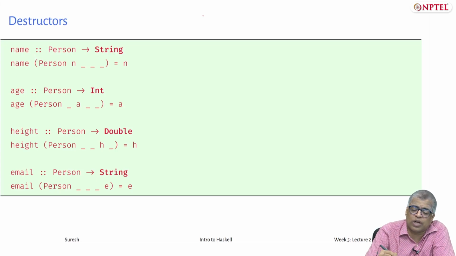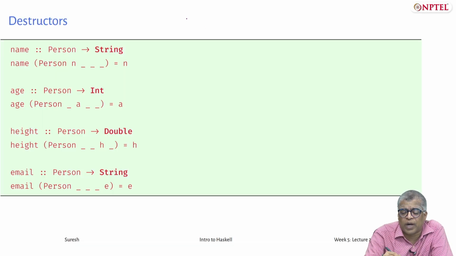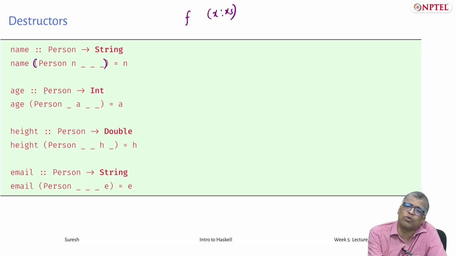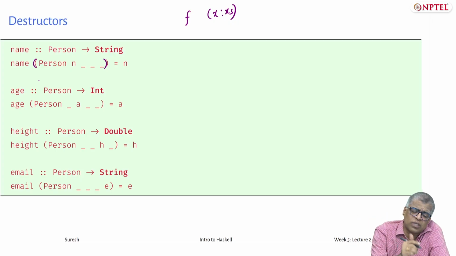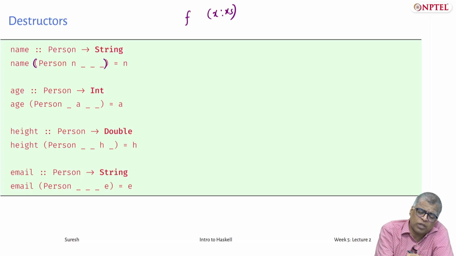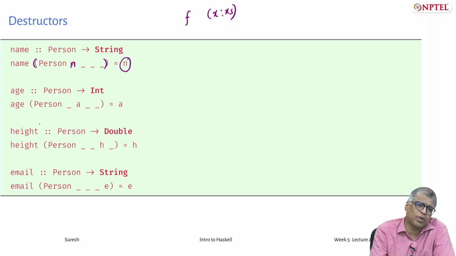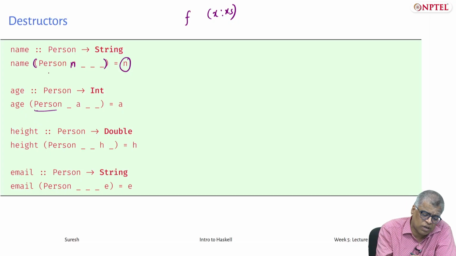Notice that just like in pattern matching for lists, where you said f of (x:xs) inside parentheses, similarly you will have to put parentheses around this constructor. The value is the Person value constructor applied on 4 parameters. You don't care about the second, third, or fourth parameter. The first parameter is n. If the first parameter is n, then the value that you want to return is n. Similarly, for age, age applied on a value which looks like Person applied on, Person is the constructor, value constructor.